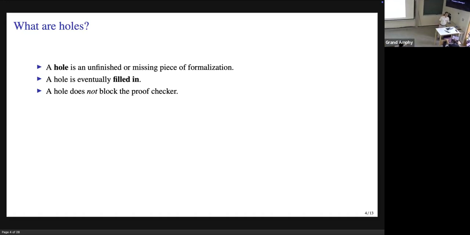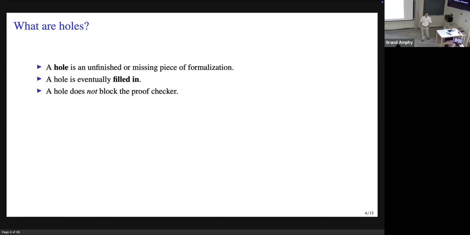Such holes, the idea is that the missing pieces of information will be provided at some point by some mechanism. But they will eventually be filled in. That's the idea. We're going to talk about possible examples.